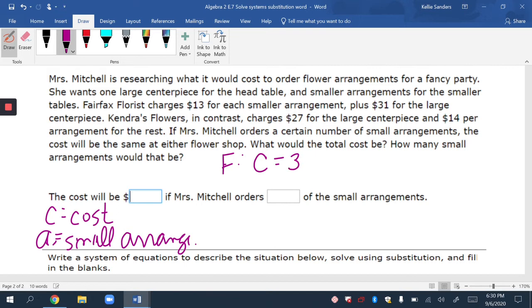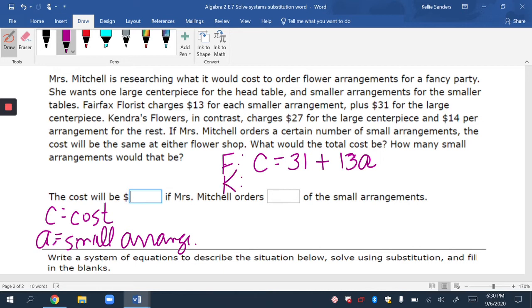She's only going to order one large one for the head table. And then she is going to pay $13 for every small arrangement.